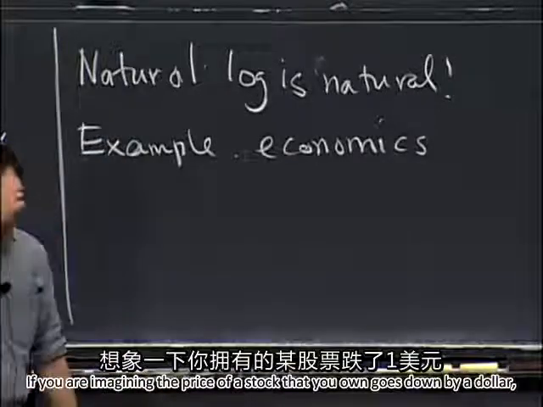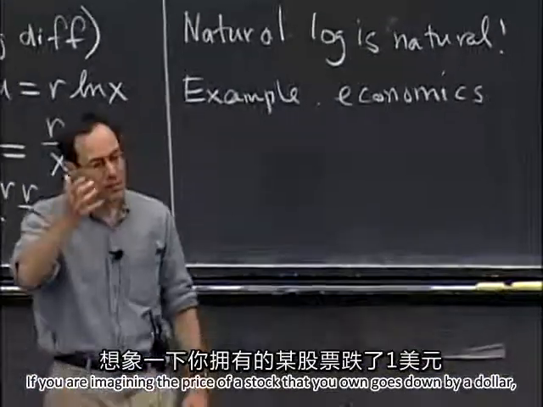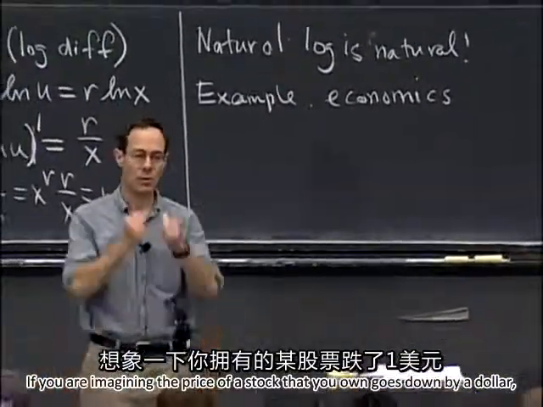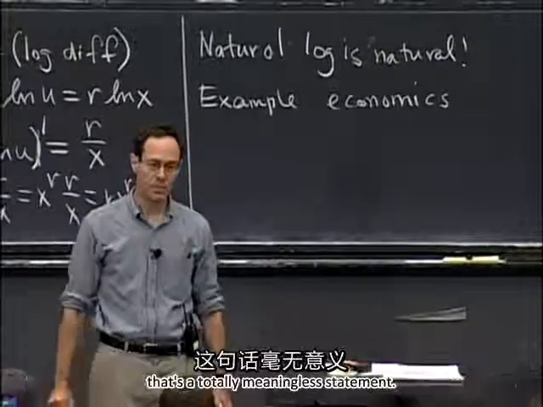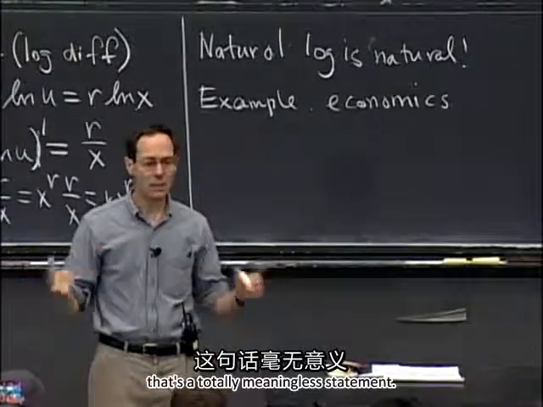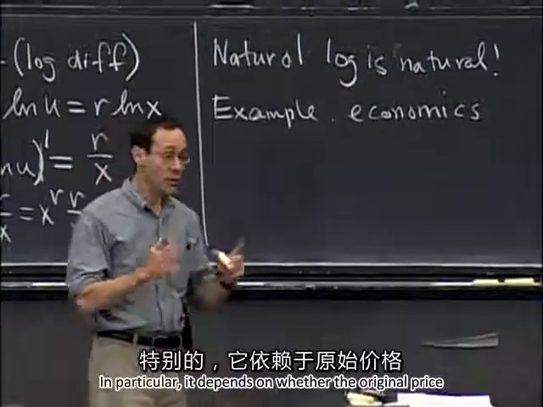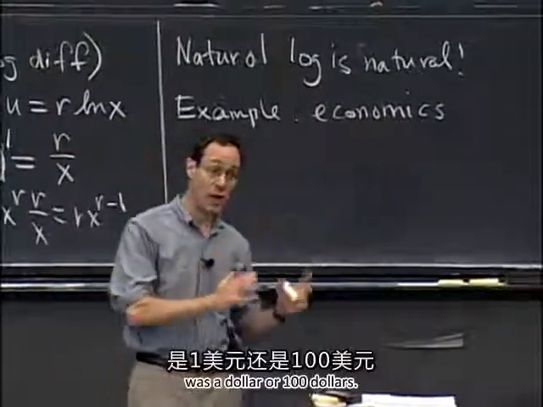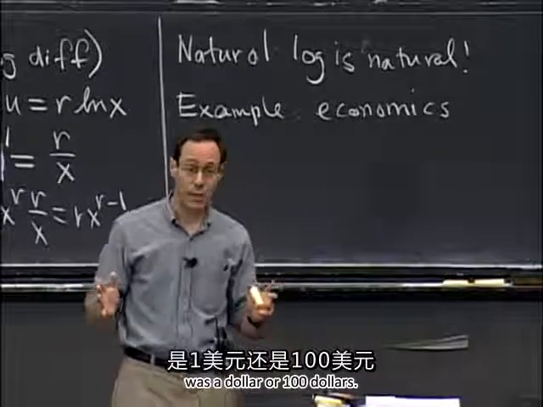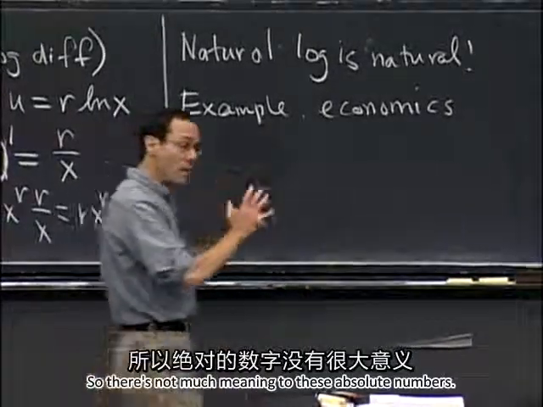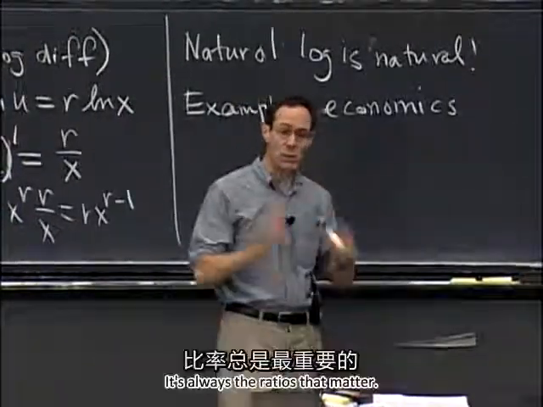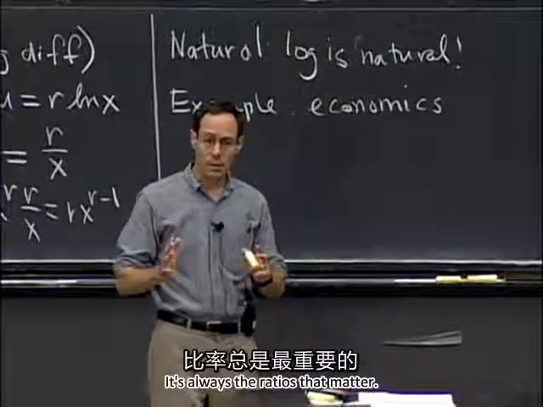If you are imagining the price of a stock that you own goes down by $1, that's a totally meaningless statement. It depends on a lot of things. In particular, it depends on whether the original price was $1 or $100. So there's not much meaning to these absolute numbers. It's always the ratios that matter.